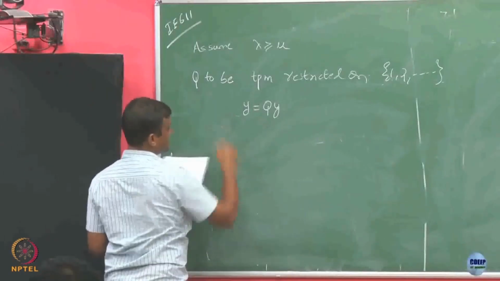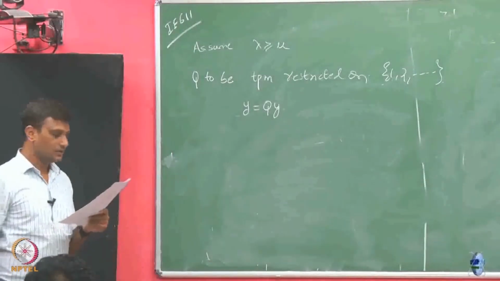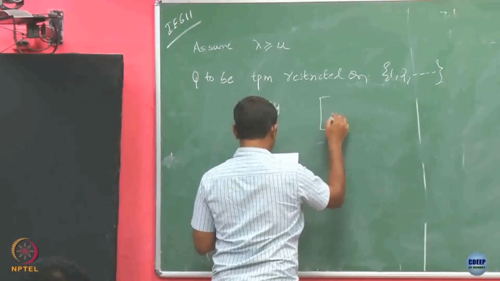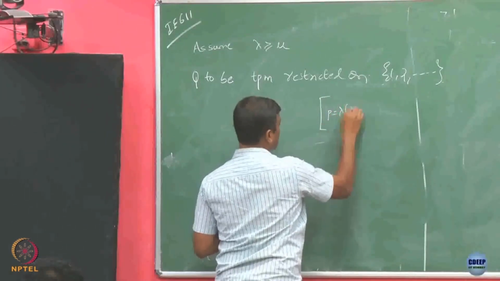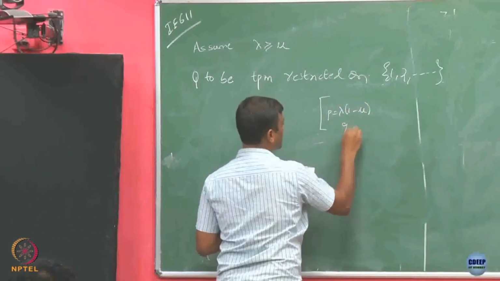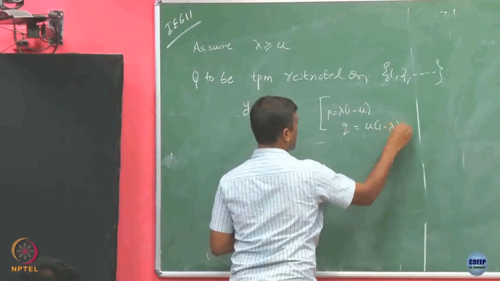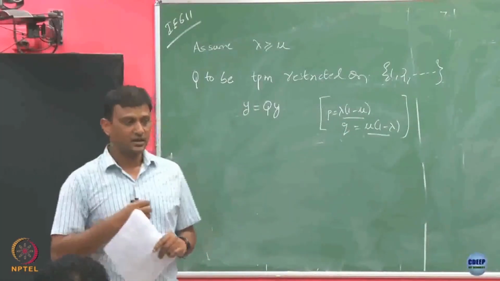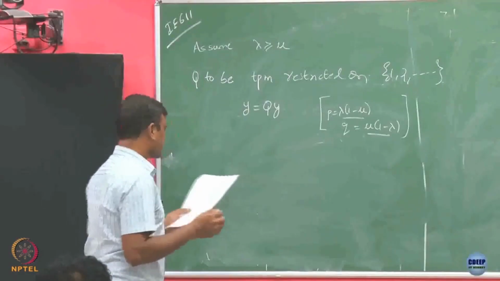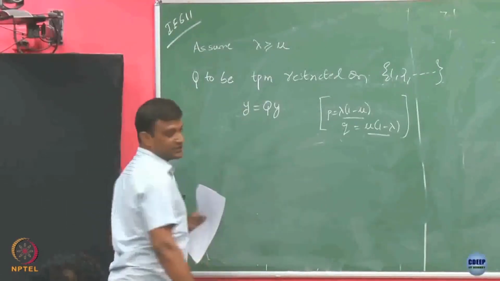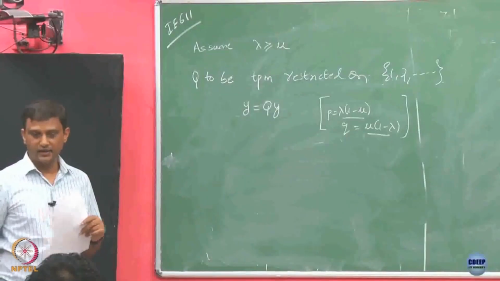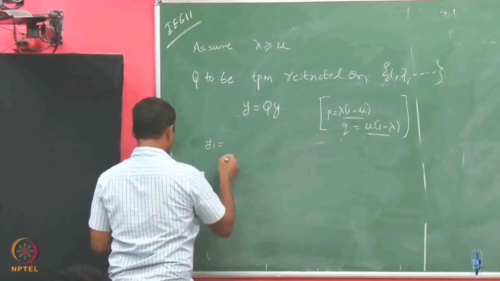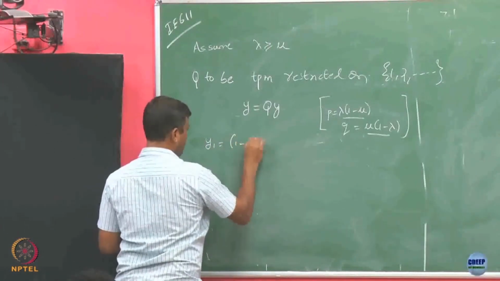In this reduced transition probability matrix, just for notation, I am going to write P to denote lambda into 1 minus mu and Q to denote mu into 1 minus lambda, because these terms come to us many times. So, just write them as P and Q. Now, if I want to write the solution for y equals Qy, I am just going to write a simplified version; you can verify this.